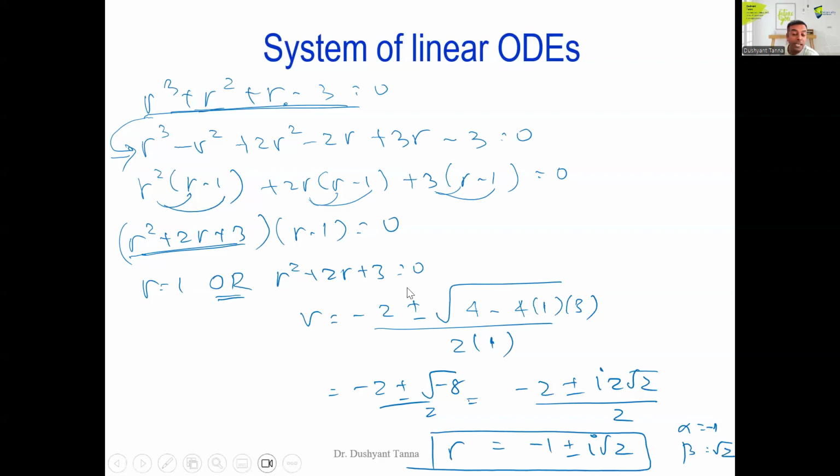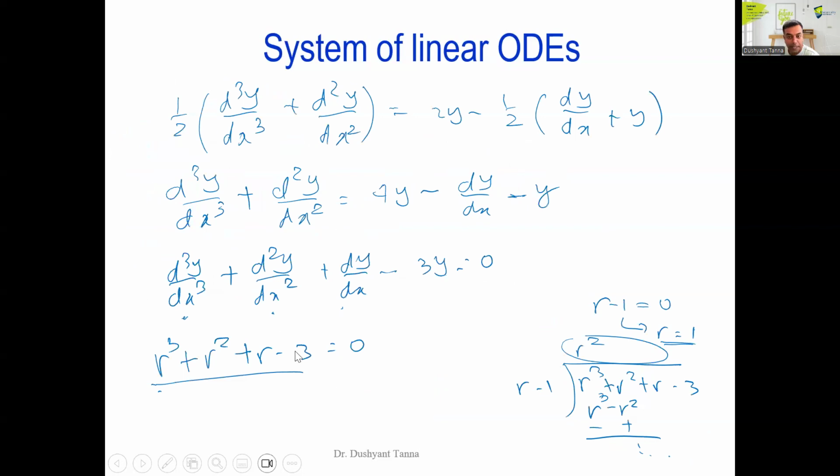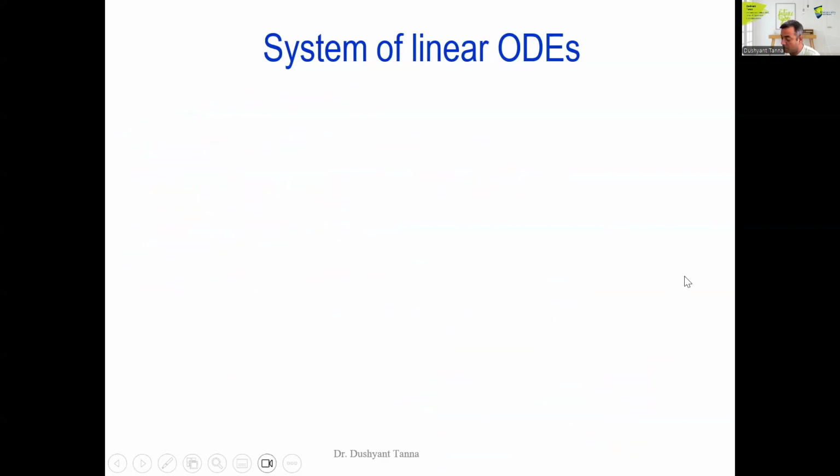Again, it's the homogeneous part, right? This is my R value. So here we are talking about everything of y. So my solution will be y is equal to C1 e raised to R1x, plus C2. Now it is complex.